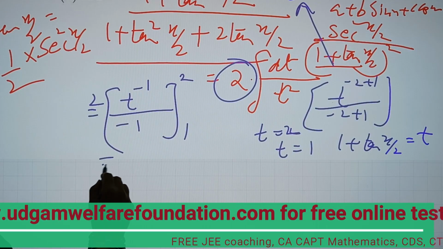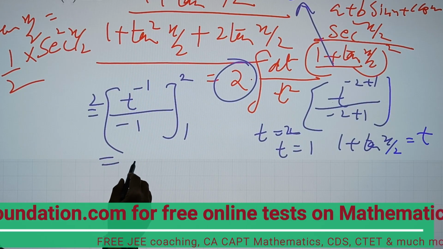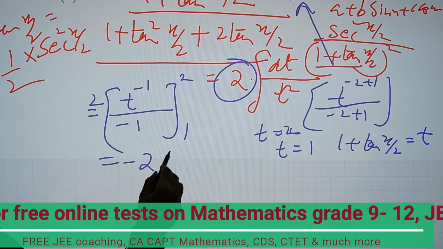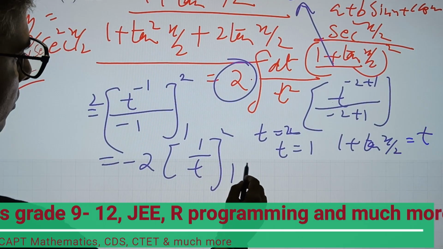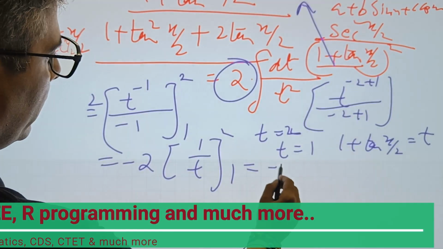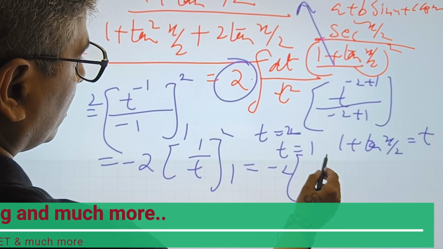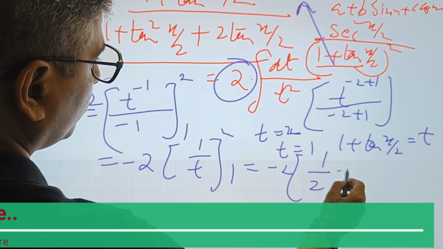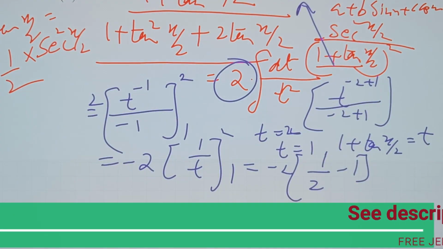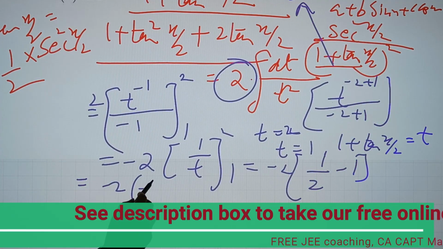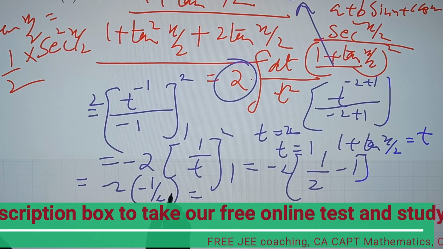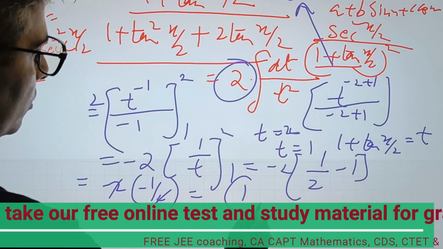Now we can write it this way. We can take this negative term outside, that is minus 2 of 1 upon t from 2 to 1. So it is going to give you what? Minus 2 times 1 upon 2 minus 1. Again this is minus half. So it is going to give you minus half here, which is 1 only.